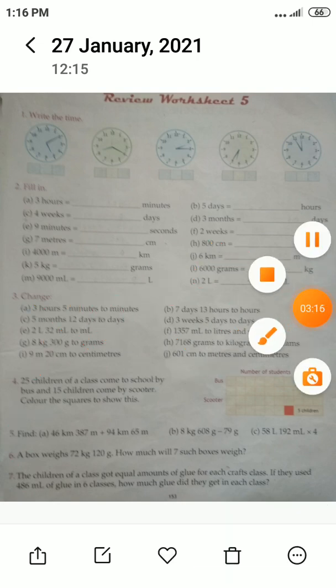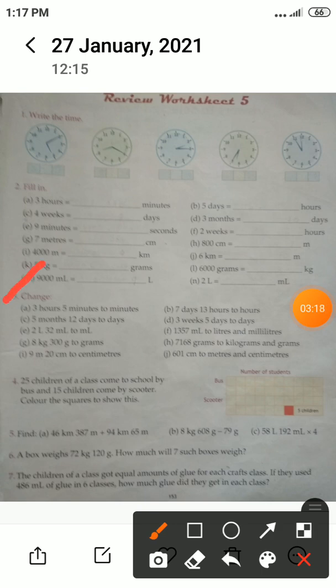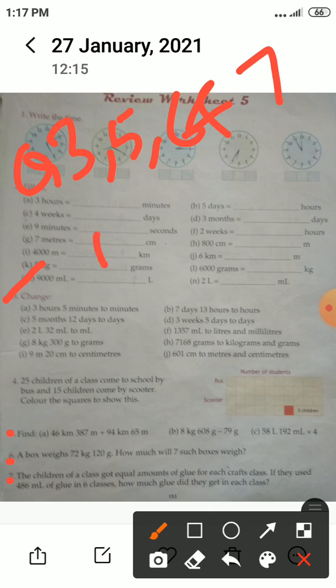Once again I am telling you, question number 3, 5, 6 and 7 you have to do in copies. Other work you have to write in books only. And in the next video I will send you the answers of review worksheet 5.